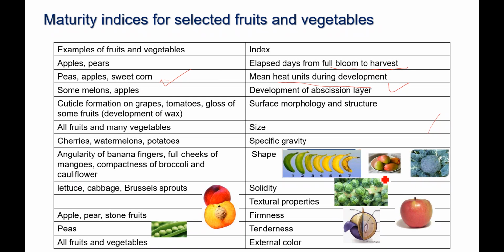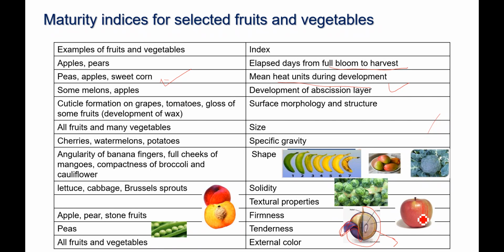Cuticle formation in the grape. See, this is the grape, and this grape has this cuticle or skin. For immature grapes, this cuticle is very soft, but in the later stage, in matured grapes, you see this cuticle is developed. So cuticle formation on grapes or on tomato. In apples, you see this gloss.